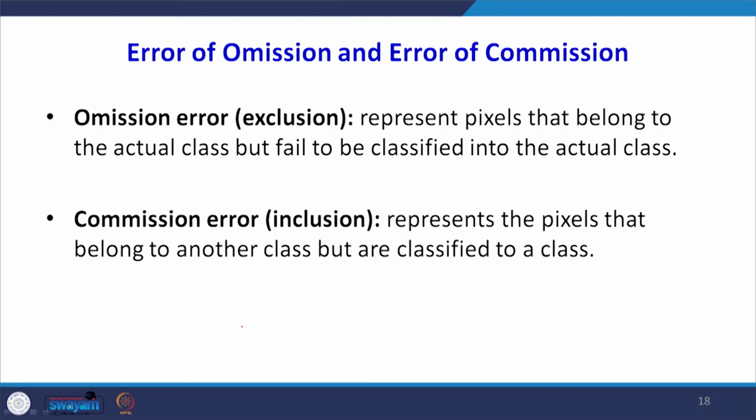So, this is called the error of omission, but the error of commission represents the pixels that belong to another class, but are classified to a particular class. So, they are opposite in nature to each other. By knowing the definition and the calculation, we can calculate the error of omission and the error of commission from the error matrix.